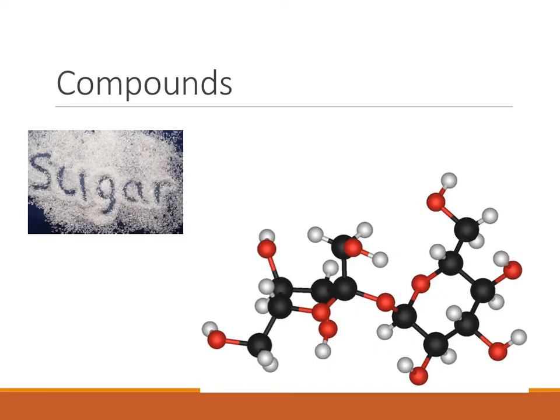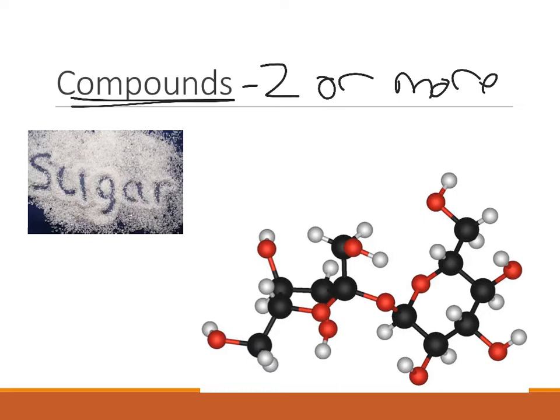So when you start putting elements together to make substances, you get what's called a compound. So what's a compound? A compound is two or more elements that are chemically combined.